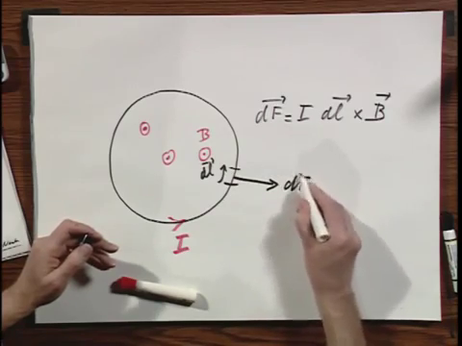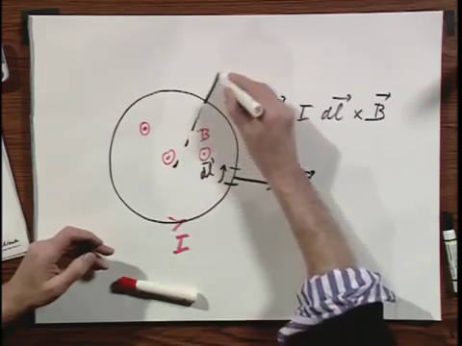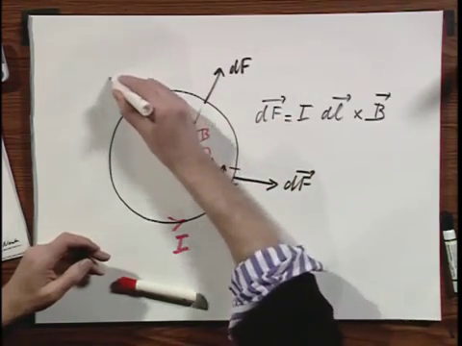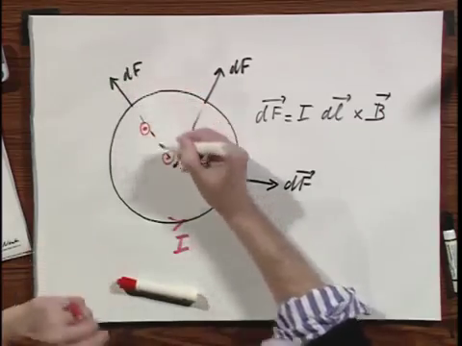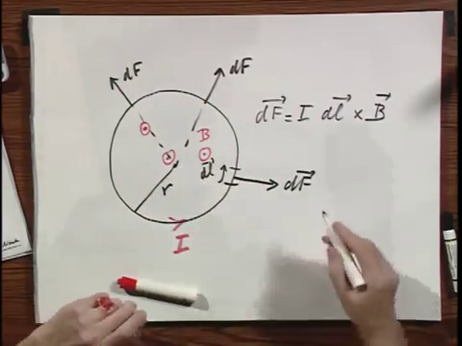It's a little force dF. And that force will be radially pointing outwards everywhere. dF. And this radius then being little r.